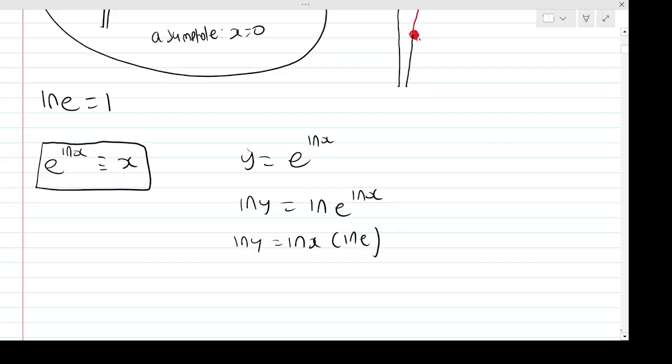Now ln e we just discussed is 1, so ln y is simply ln x. Therefore, if we compare what's in the log, y is equal to x. So if y is equal to e to the ln x, therefore x is equal to e to the ln x.